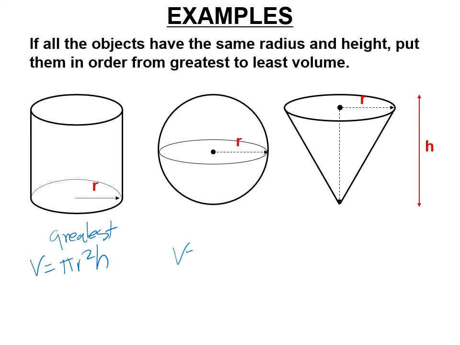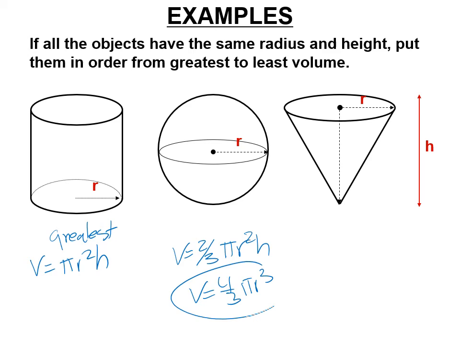The sphere is 2/3 of pi r squared h, but we use 4/3 pi r cubed as our formula. And the least is the cone, which is 1/3 the size of the cylinder.